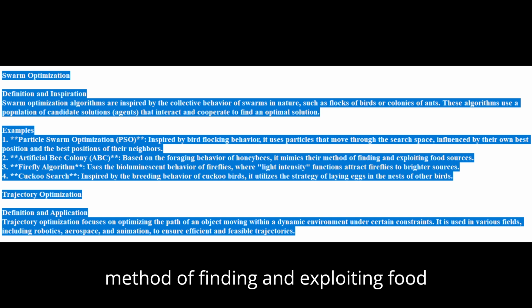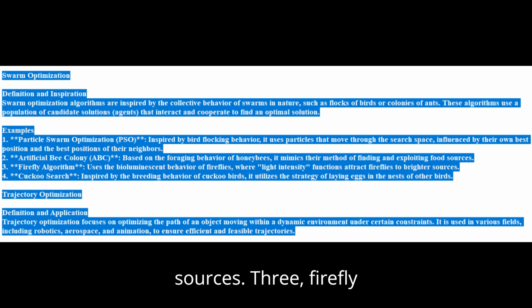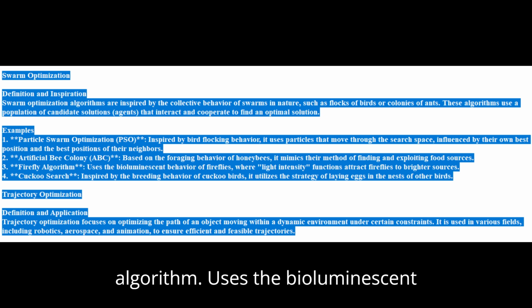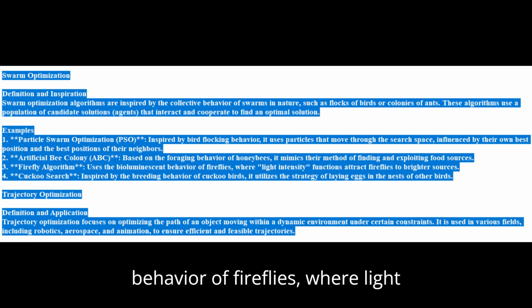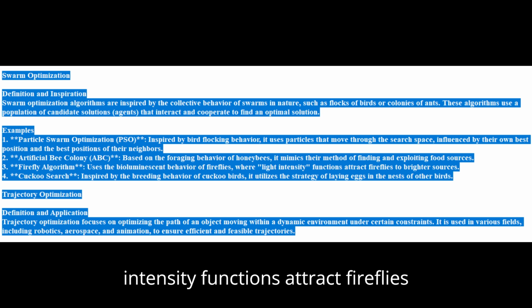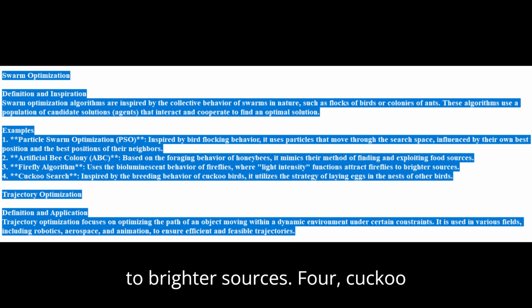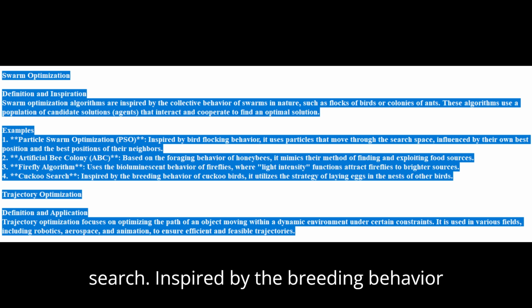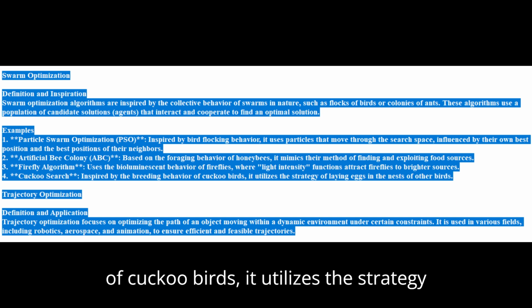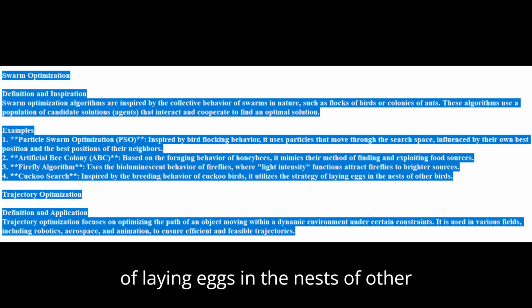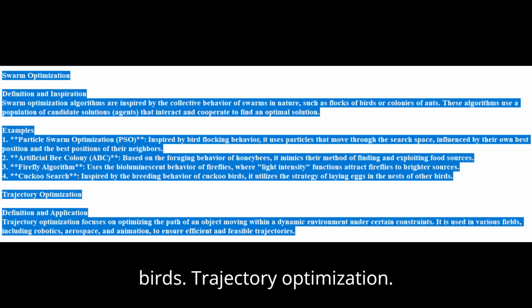It mimics their method of finding and exploiting food sources. 3. Firefly algorithm, uses the bioluminescent behavior of fireflies, where light intensity functions attract fireflies to brighter sources. 4. Cuckoo search, inspired by the breeding behavior of cuckoo birds. It utilizes the strategy of laying eggs in the nests of other birds.